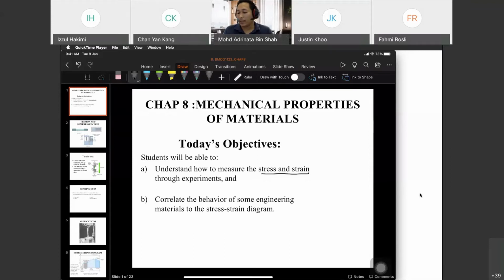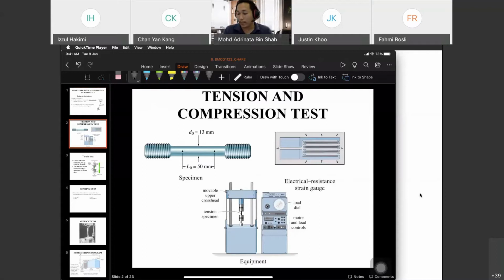The stress strain diagram comes from the tensile test. For the tensile test, we have the specimen, and this is where we put our specimen.